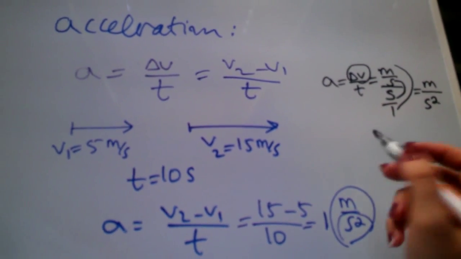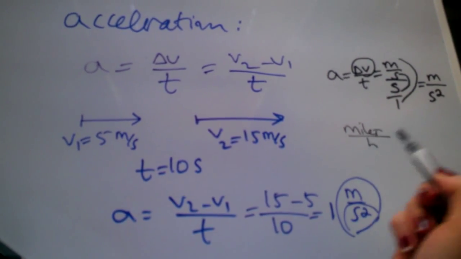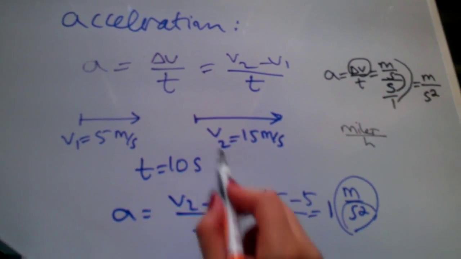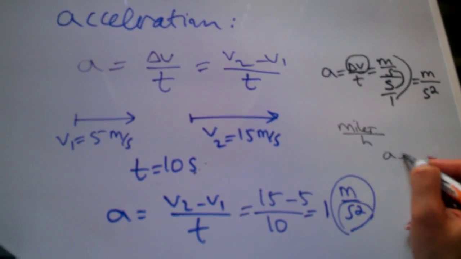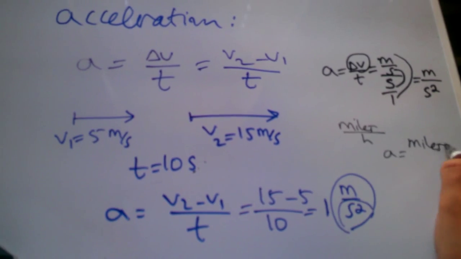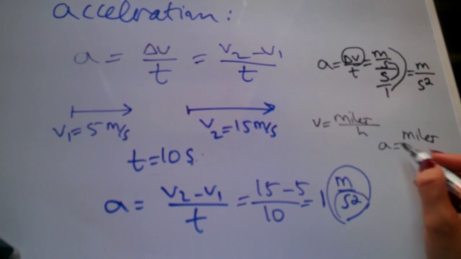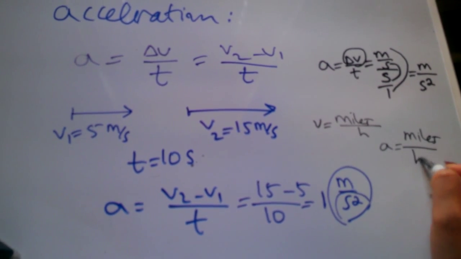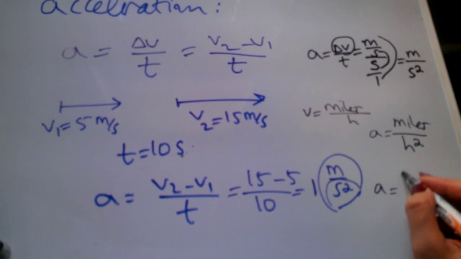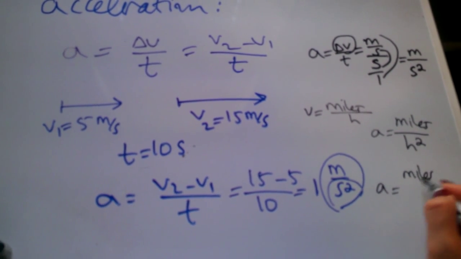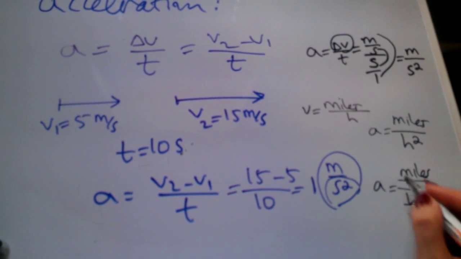Now, it could be the case where your velocity was in miles per hour, right? And then you would think about hours all the time rather than seconds. If v is in terms of miles per hour, acceleration would be miles per hour squared. Again, why? Because acceleration is essentially velocity, which is miles per hour, over time, which is another hour.